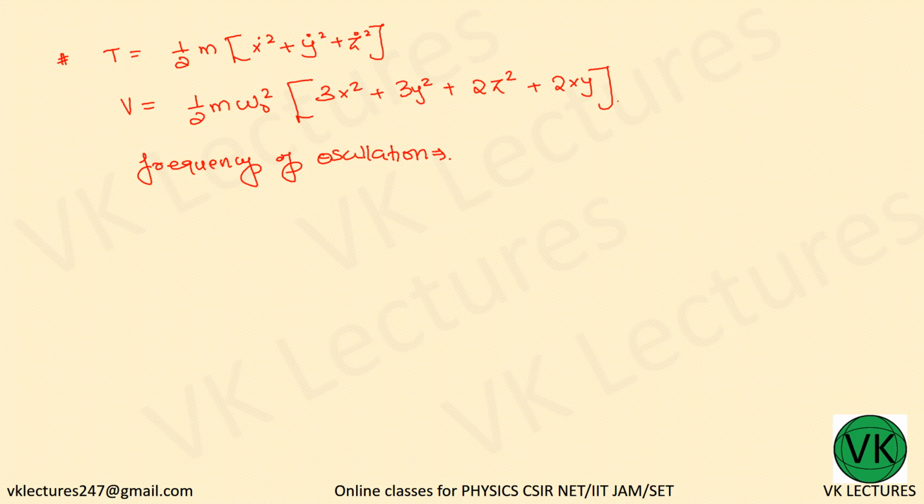Another question. The kinetic energy is equal to half m q1 dot squared plus 2m q2 dot squared, and the potential energy is equal to k times 5 by 4 q1 squared plus 2 q2 squared minus 2 q1 q2.